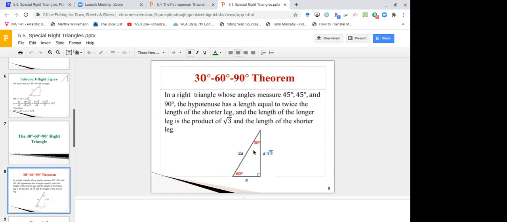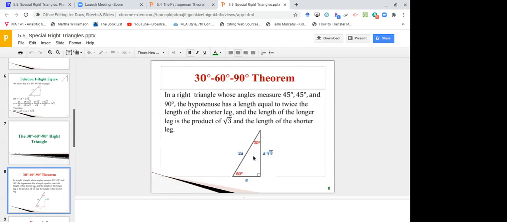Well, the 30-degree angle is the smallest. That's the baby. He's opposite the shortest side of the triangle. Now, the dad-sized angle, the 90 degrees, the hypotenuse, is always twice as long as the short side. So basically, the dad size eats twice as much as the baby, and mom eats what the baby eats times the square root of 3.